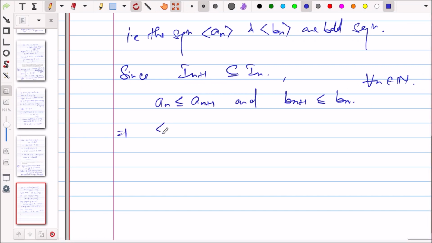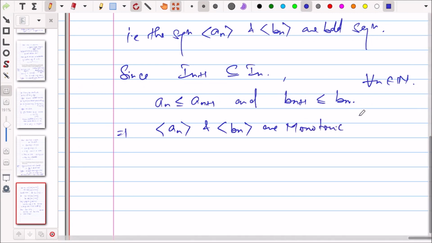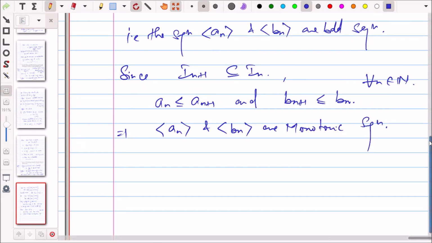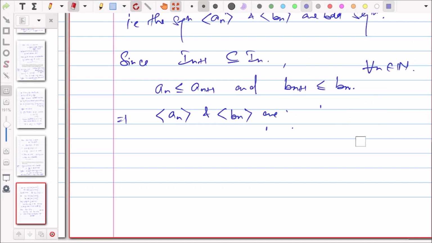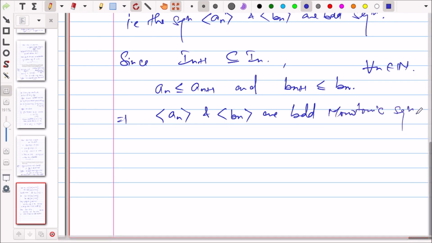So this implies an and bn are monotonic sequences, and they are bounded. Every bounded monotonic sequence is convergent by the monotone convergence theorem.